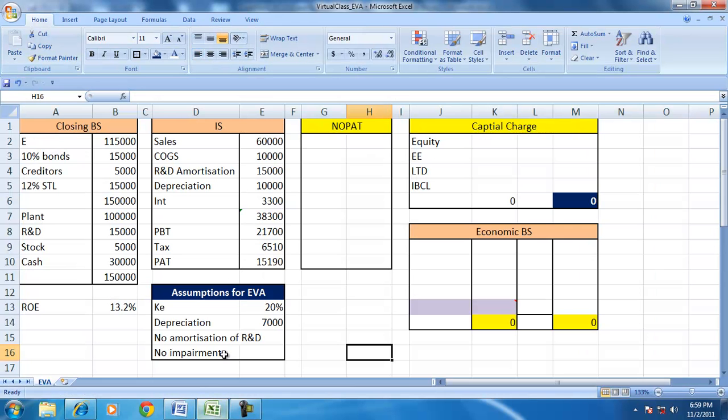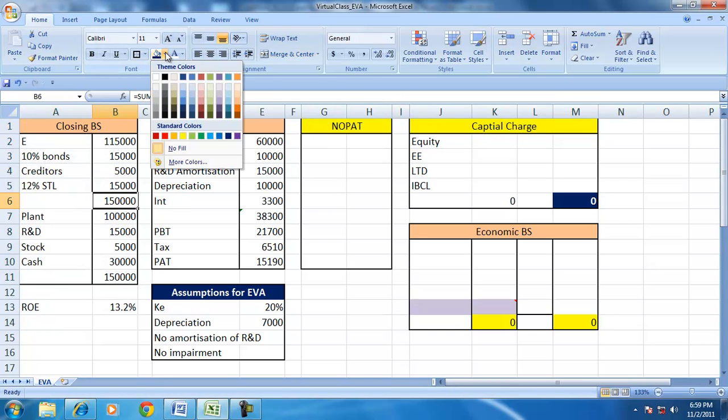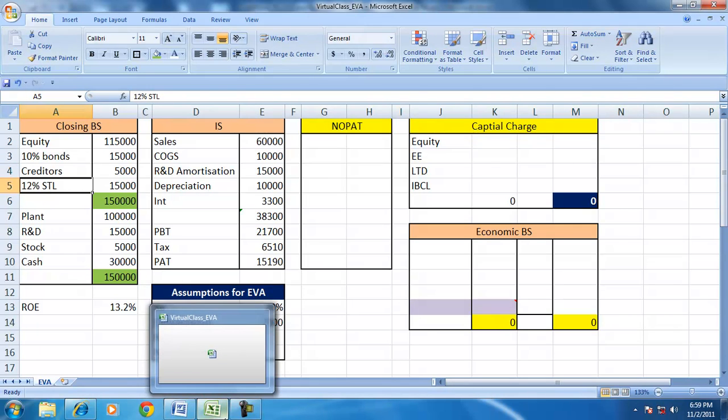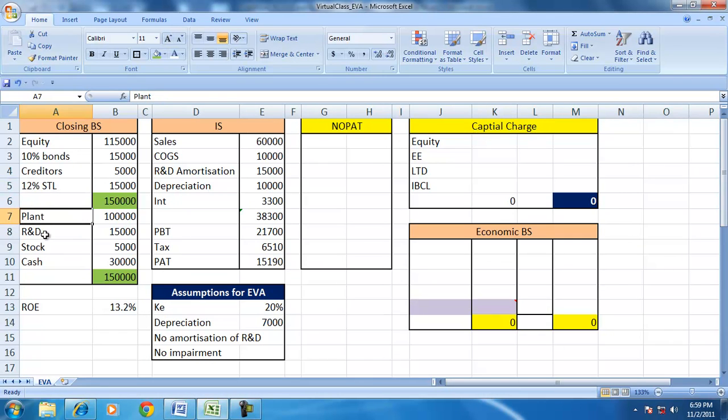Let us take an example to do that. Suppose this balance sheet is given for a particular year at the end of the year, and this balance sheet shows certain assets and sources, and the sources are equity, the long 10% bonds, creditors, 12% short-term liabilities, and plant, R&D after amortization, stock and cash.